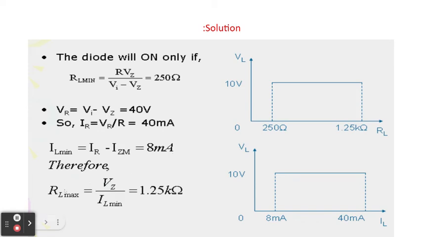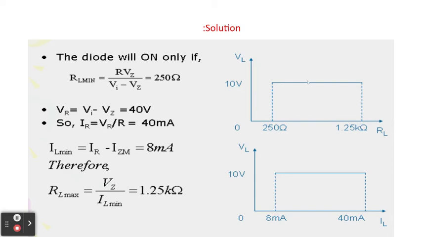And of course, we can also calculate the RL max by dividing VZ by IL min. We used here Ohm's law, and we will be getting 1.25 kilo ohms. So to represent what happened, if you can see here, the voltage will be 10 volts if you use a resistance RL of 250 ohms up to 1.25 kilo ohms.